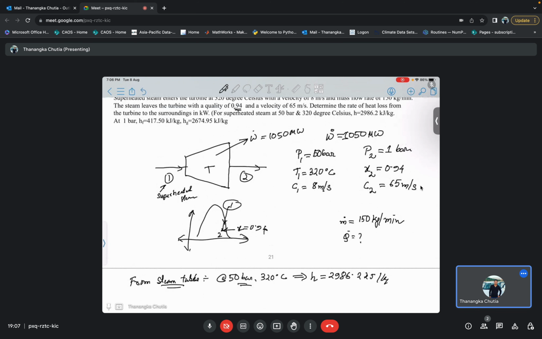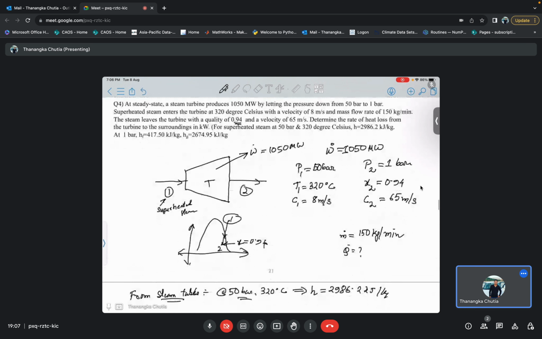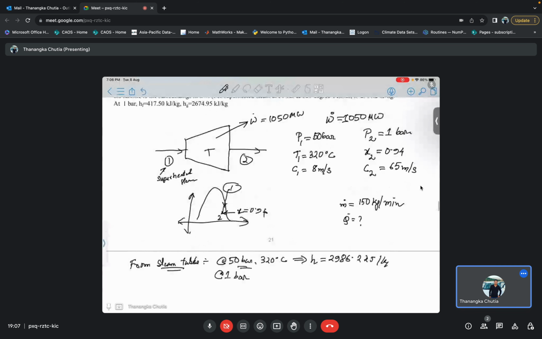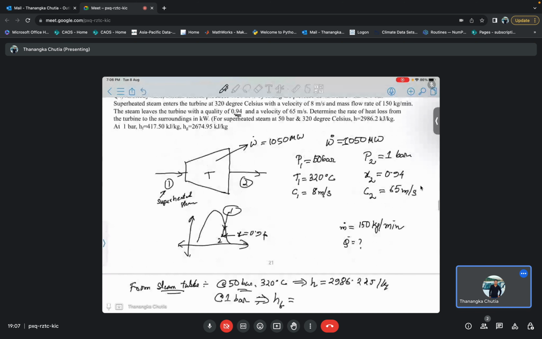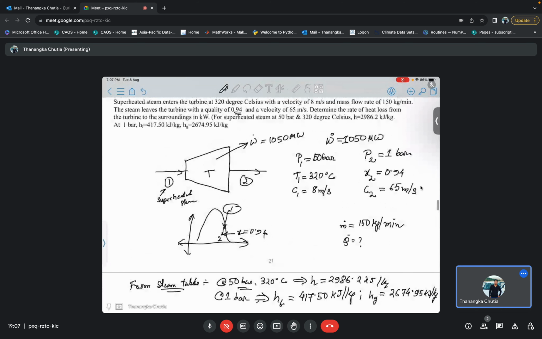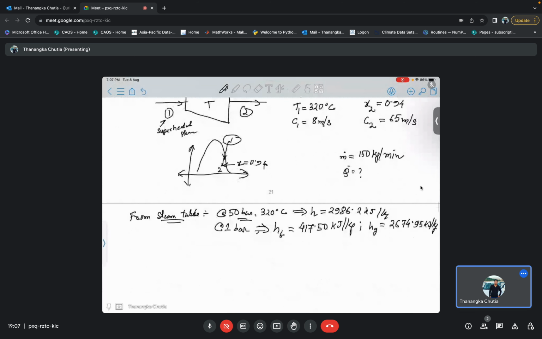Next, at 1 bar, HF is equal to 417.50 kilojoule per kg, and Hg is 2674.95 kilojoule per kg. Fine.